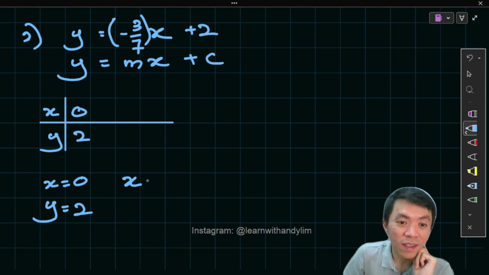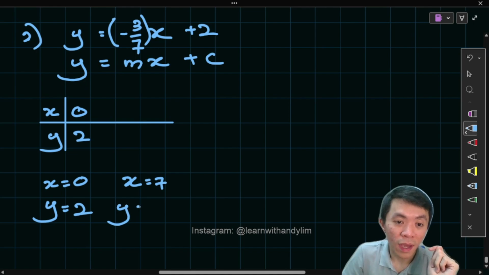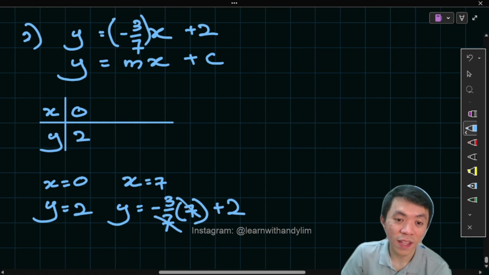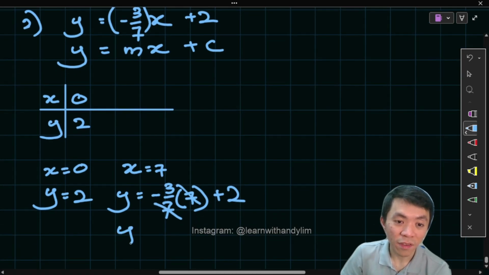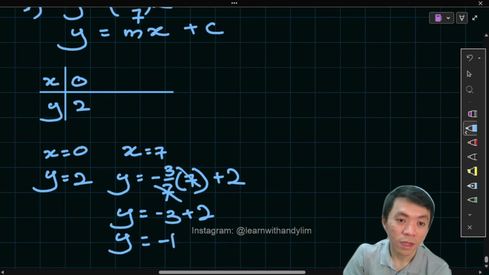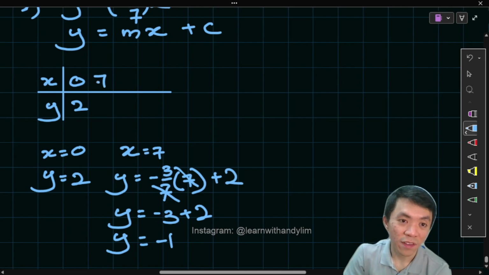When my x is equal to 7, what is going to happen? My y is equal to negative 3/7 multiplied by 7 plus 2. You can see my 7 here will get crossed out. One left, I have negative 3 plus 2. I'm going to get y equal to negative 1 for this particular point. So when my x is 7, my y is negative 1.